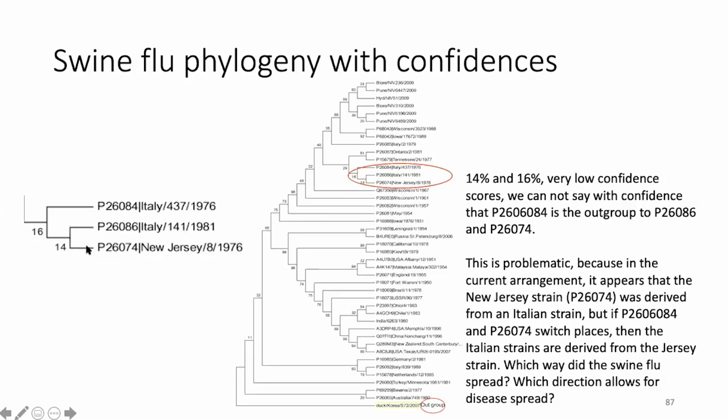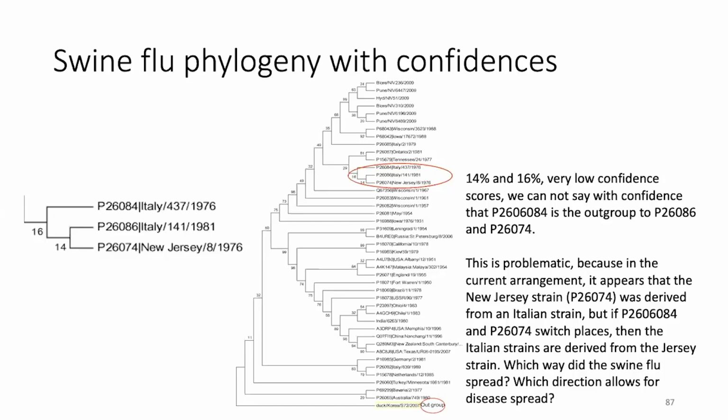And so you can imagine that easily it's the exact reverse relationship, where New Jersey is the ancestor to these two more derived Italian strains. And so where New Jersey would be here and Italy here, and then your interpretation of the direction of the disease would be exactly opposite, that New Jersey, North America, gave it to Italy.